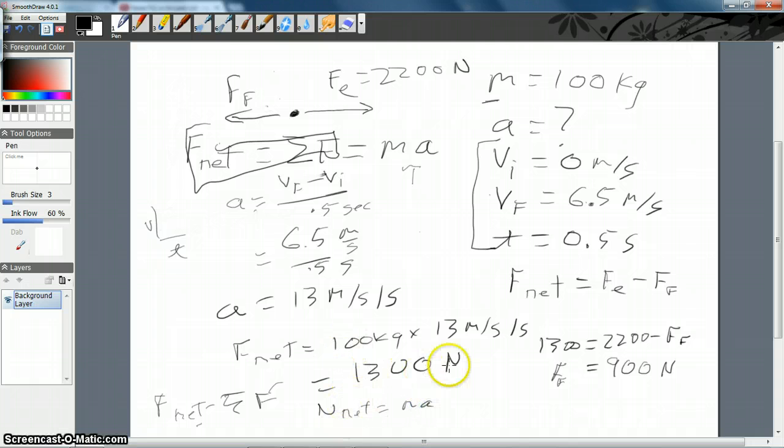And the sum of all the forces is equal to M times A. Three different equations. But don't worry about it as three different equations. Just use this one and just look for the things that you have and the things you don't have. I'm going to try and have us practice this a lot during this week.